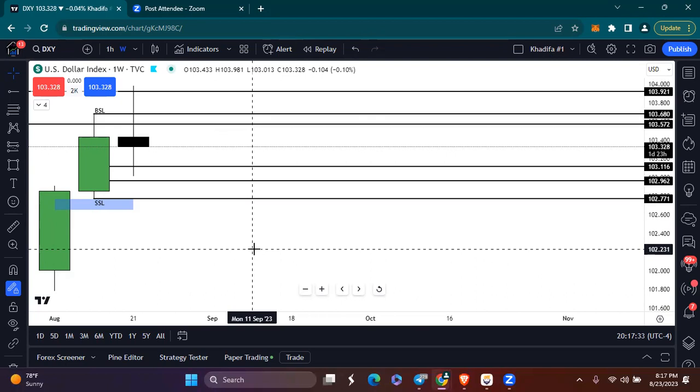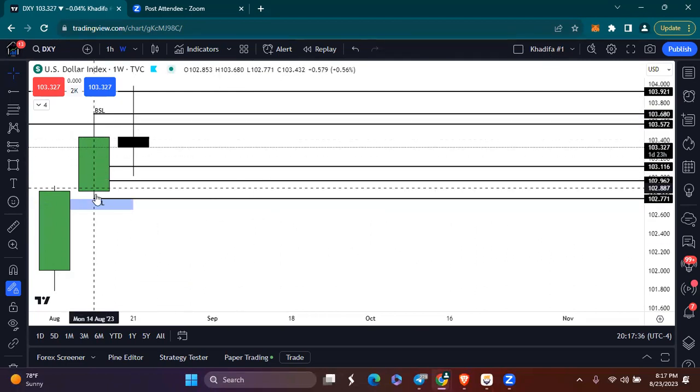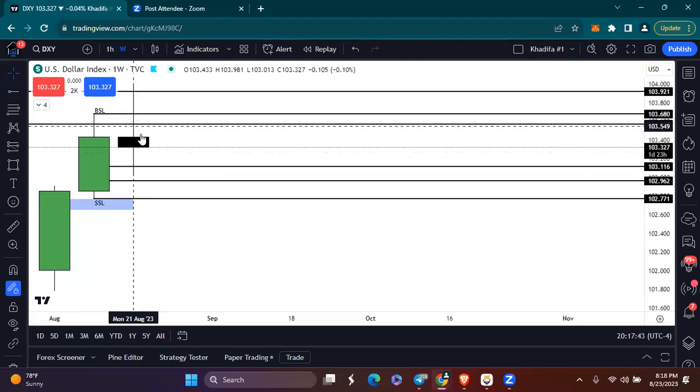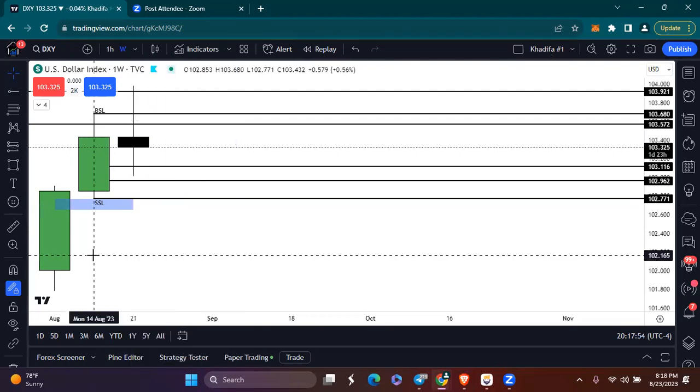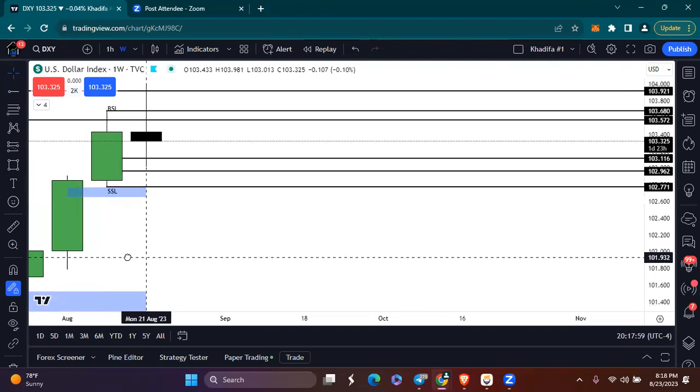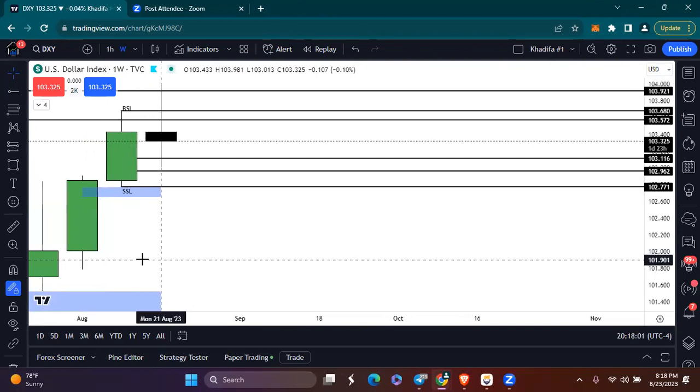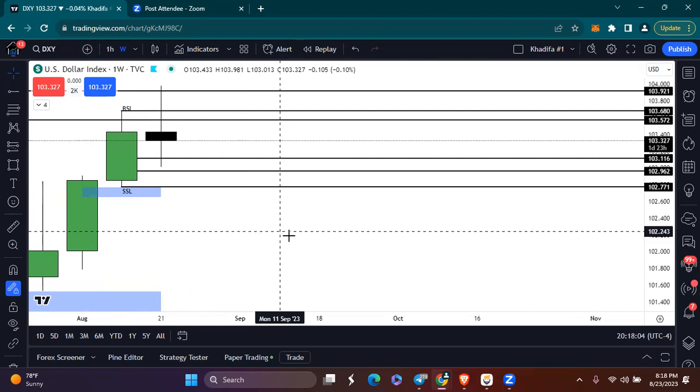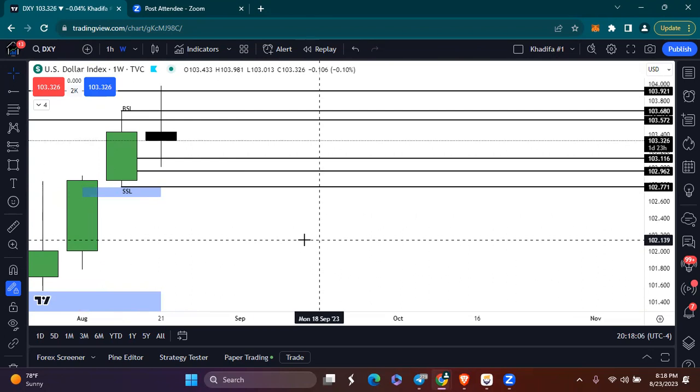And as you can see, this week I had the previous week's range marked, right? And I expected price to pull back down into this PD array, this discount array of last week's range. And then some people will ask, well, how do you determine which direction the weekly candle is going to expand in?